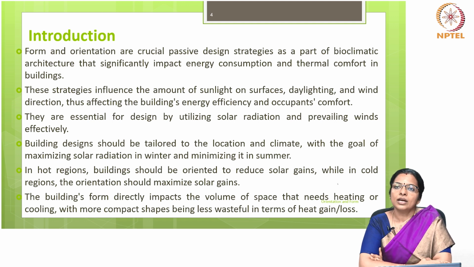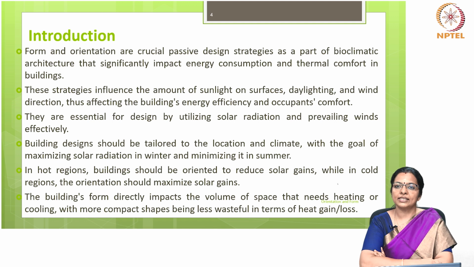In contrast, orientation determines how much sunlight enters the building, affecting its energy efficiency throughout the year. Understanding these principles is crucial for designing sustainable buildings that prioritize energy efficiency and occupant comfort. For example, compact shapes are beneficial in hot and dry regions to reduce heat gain and in cold climates to minimize heat losses.